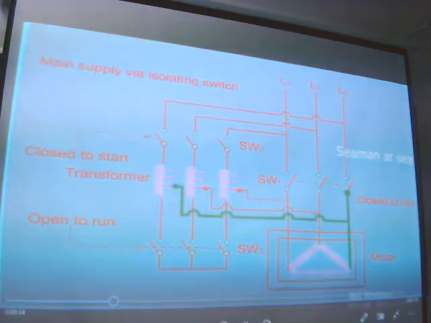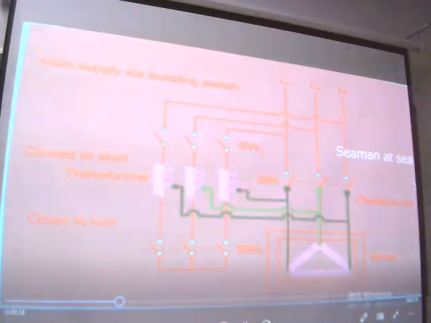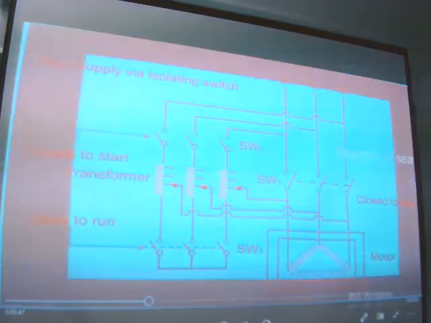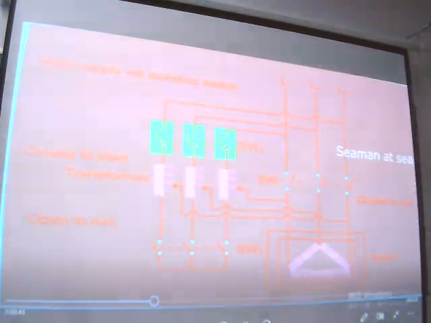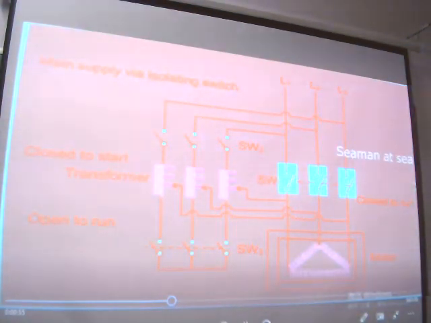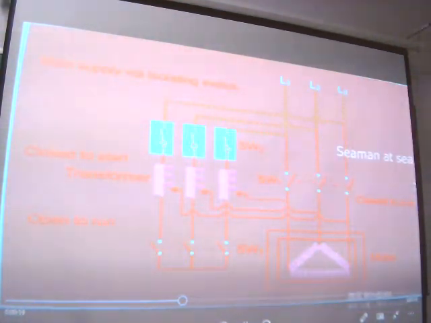The motor is connected to the secondary winding of the auto transformer through the tapping switches during starting of motor. In the auto transformer starting circuit, there are three switches SW1, SW2 and SW3. To start the motor, keep the switch SW1 open. Close the switches SW2 and SW3.